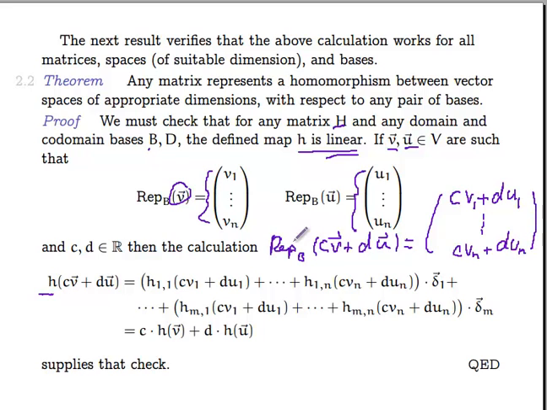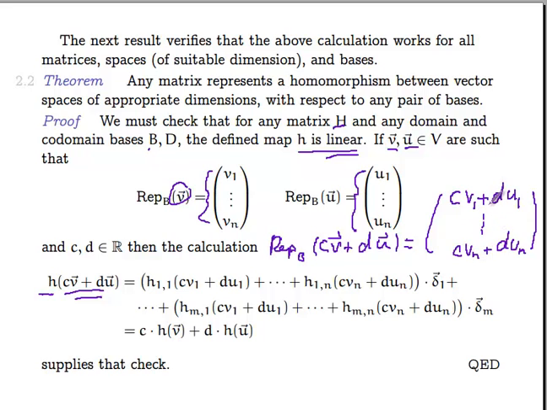And that's true because we know the representation map is linear. All right? Now, since these are the coordinates of CV plus DU, we can find H acting on this vector by applying the matrix to this column vector.